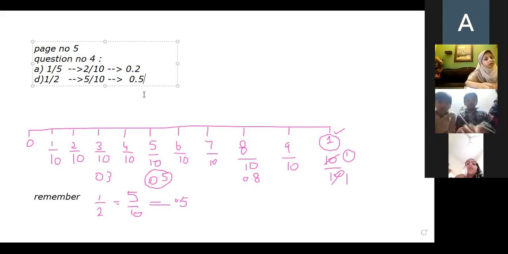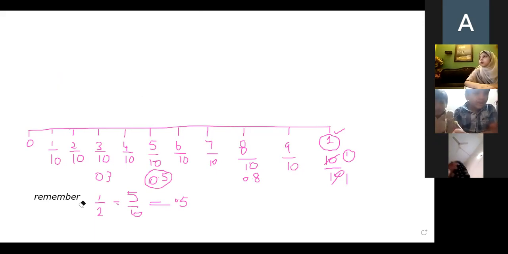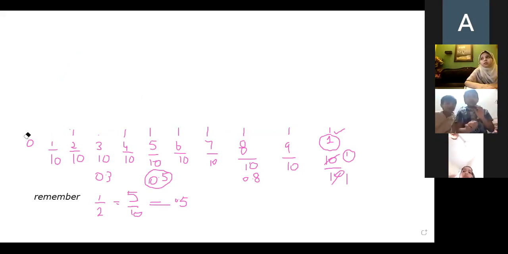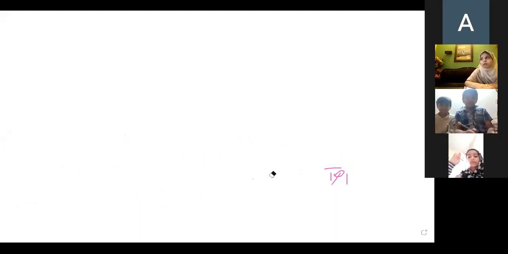So I'm going to move on to the next page, that is mixed numbers and decimals. I'm going to erase the board, okay? Now come to page number 6.